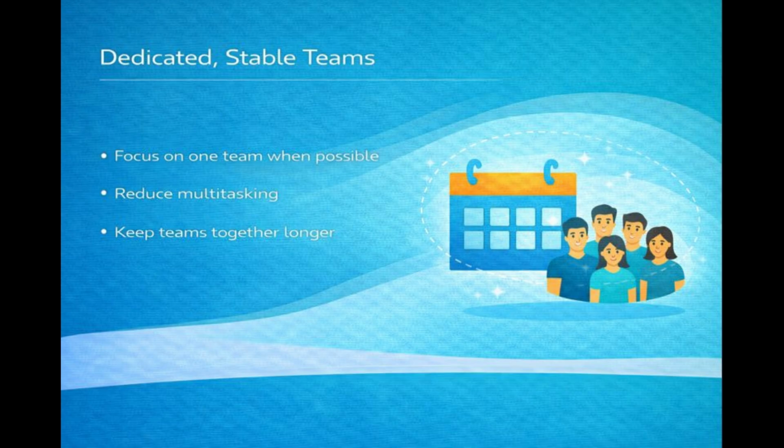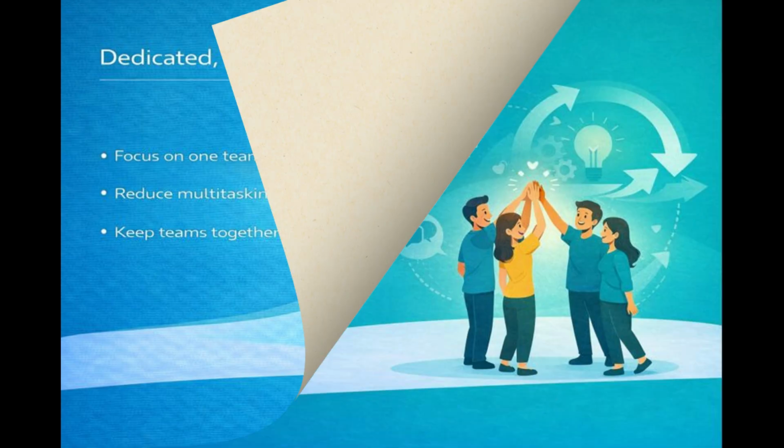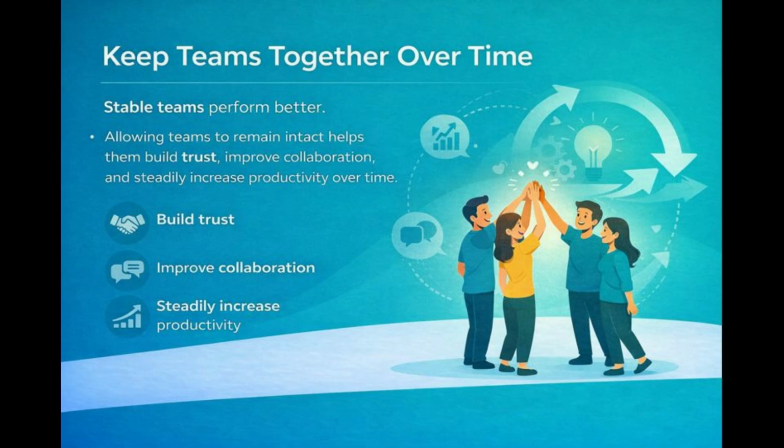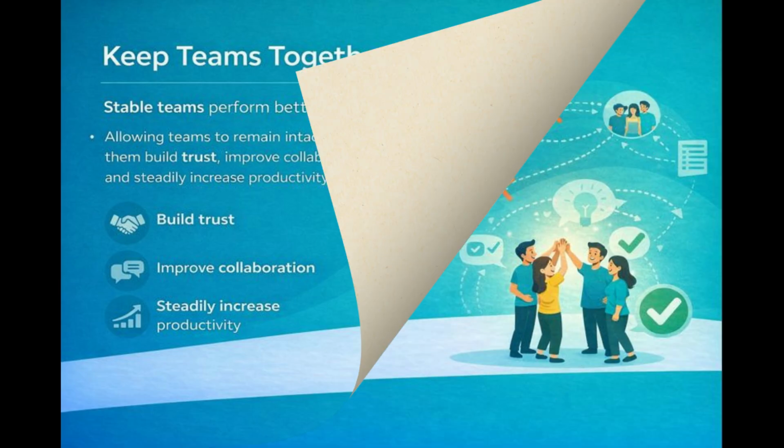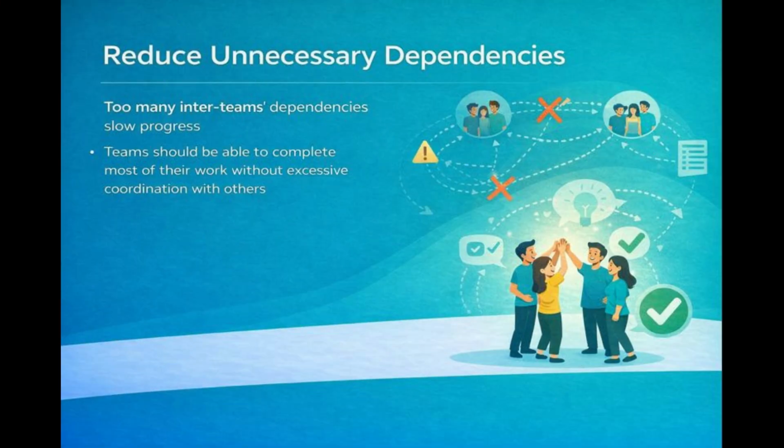If many people are split across teams, it may signal the need to adjust priorities or team design. 6. Keep teams together over time. Stable teams perform better. Allowing teams to remain intact helps them build trust, improve collaboration, and steadily increase productivity over time.